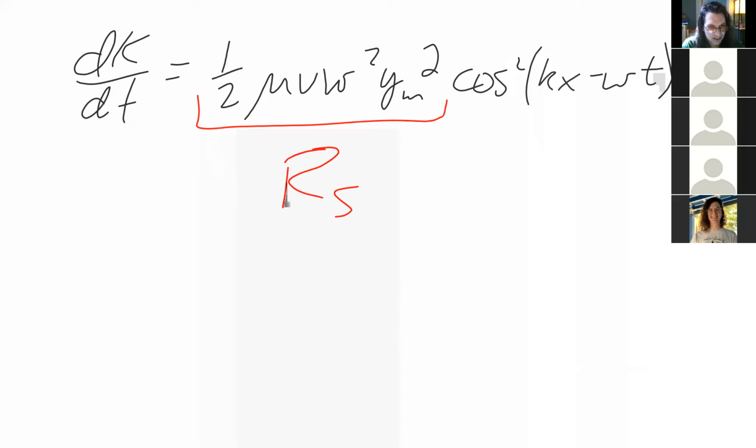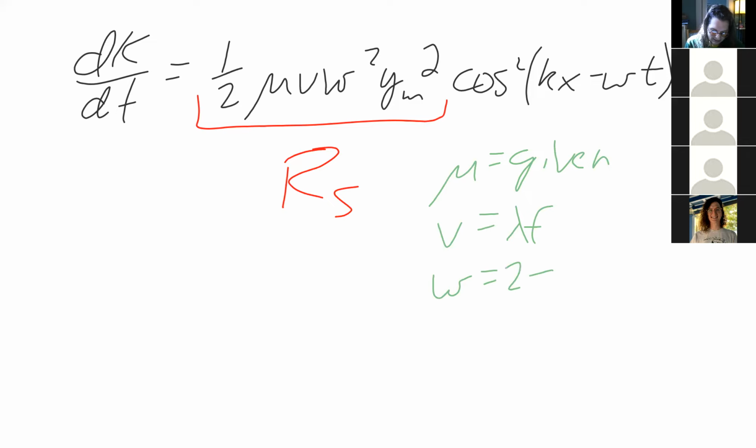What's the stuff that I know in here? Well, I am given my mu, so that's given in the problem. My v, I know is lambda f, so I've just read those off the graph. I can calculate that v. My omega is going to be 2 pi times f. So now that I have f, I also know omega.